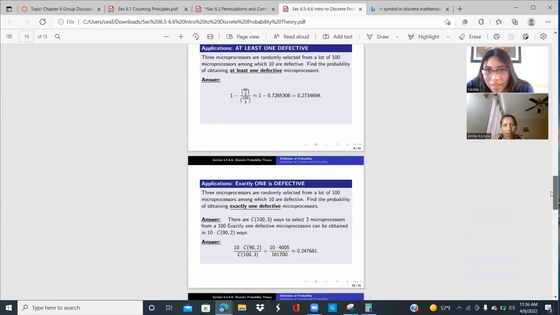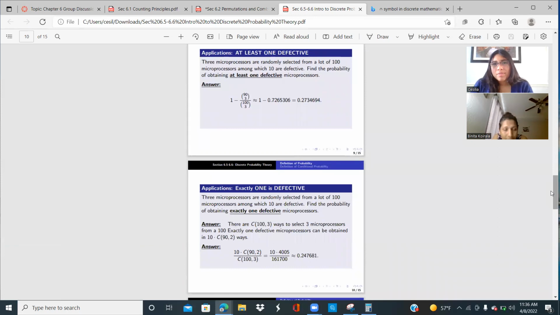Okay, application: at least one defective. 3 microprocessors are randomly selected from a lot of 100 microprocessors, among which 10 are defective. Find the probability of obtaining at least one defective microprocessor.